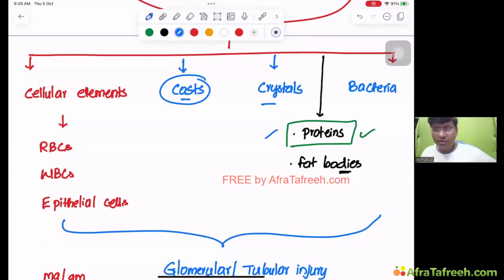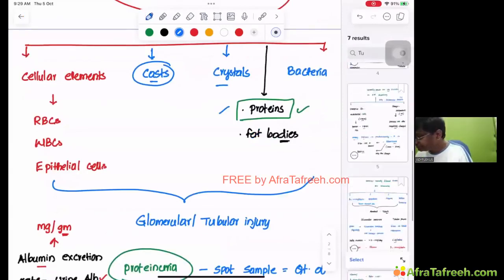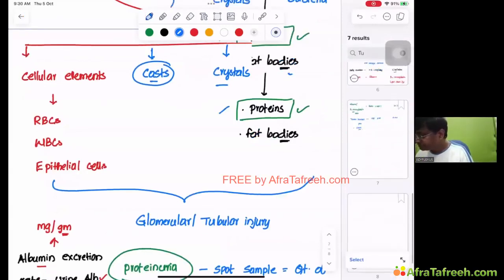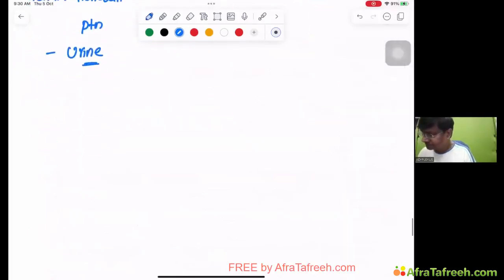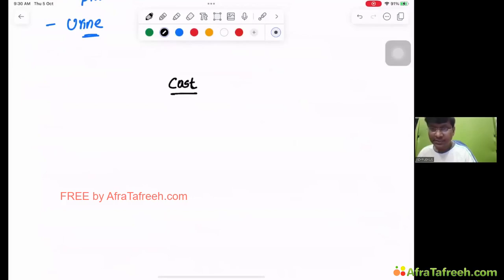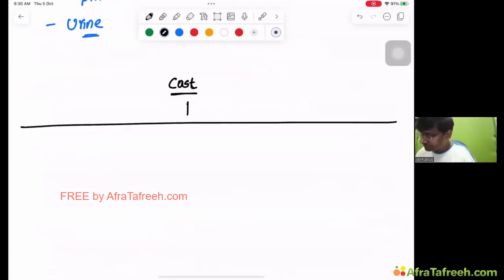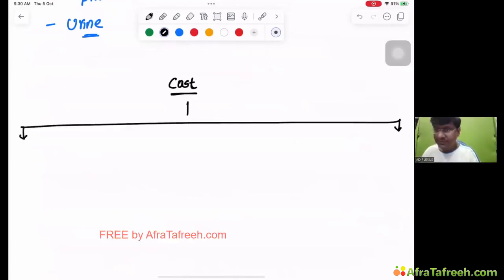Now, first of all, what do you understand by the word cast? The definition is it is a protein basically. But how is this protein formed? It is precipitation.